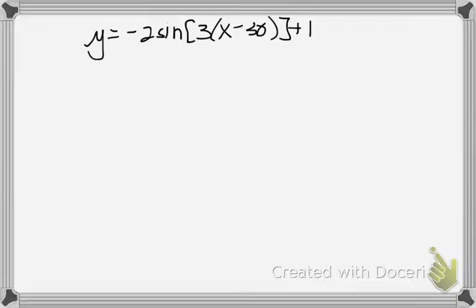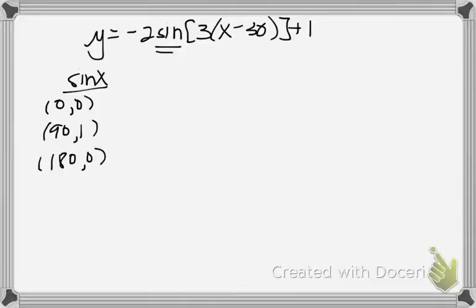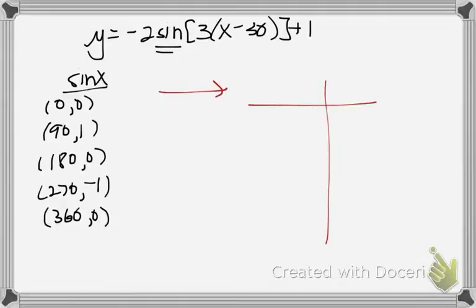Okay, now to the transformation part of this. My parent function is sine x because of this sine right here. So we're going to start with the key points of sine. Okay, and then we're going to do some transformations to those. So I want to identify a, k, d, and c. So here's my a, and here's my c.